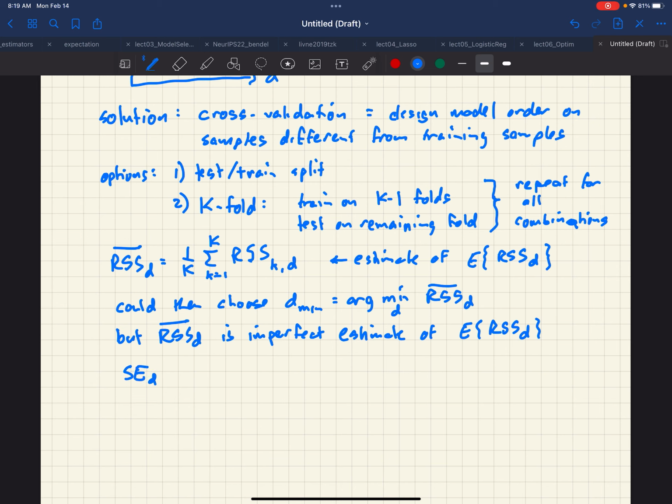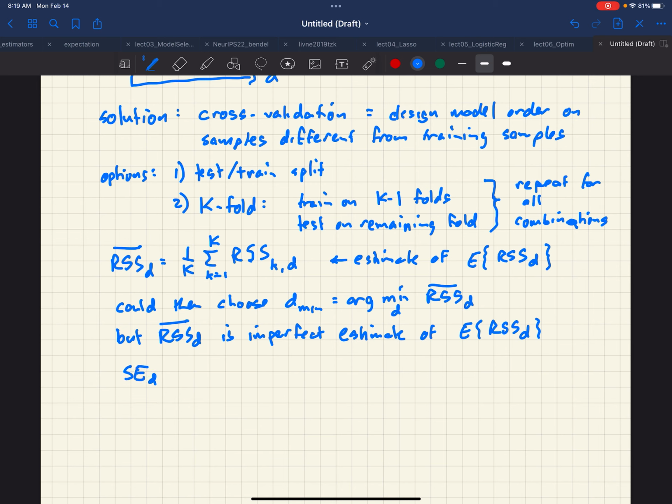So in an equation, RSS bar target is RSS bar at D min plus the standard error at D min.